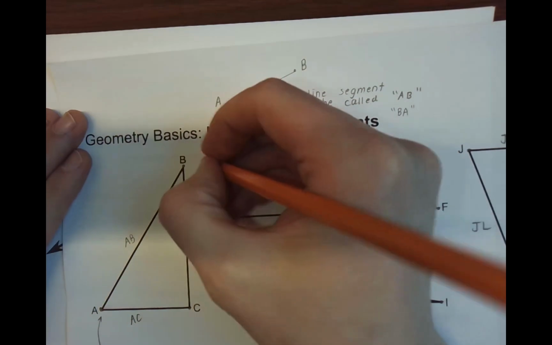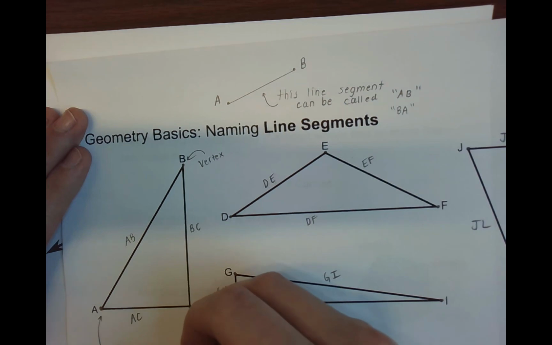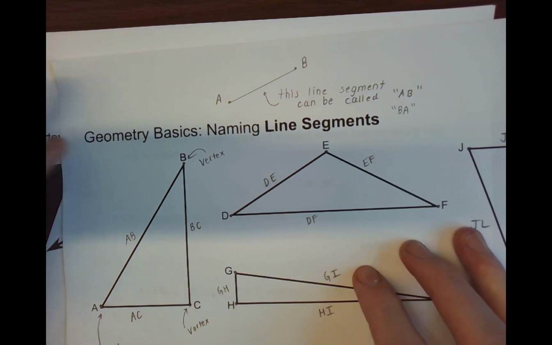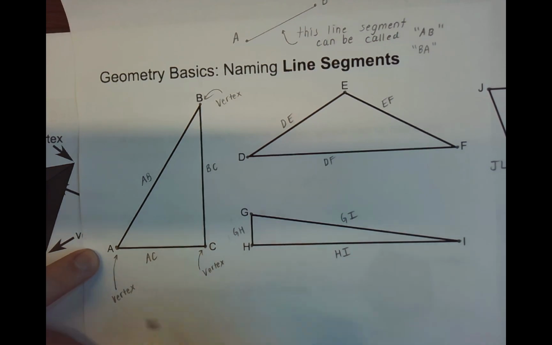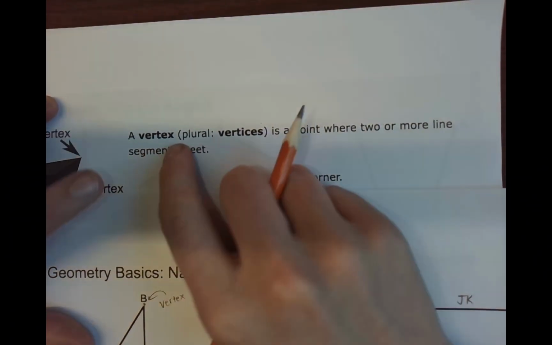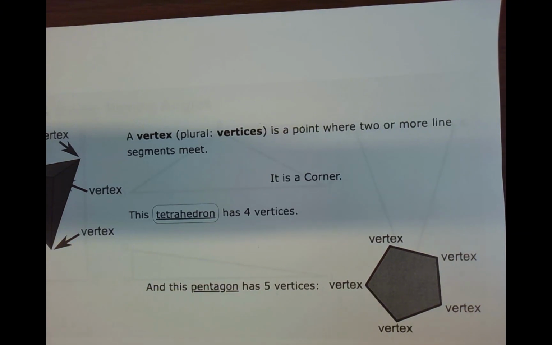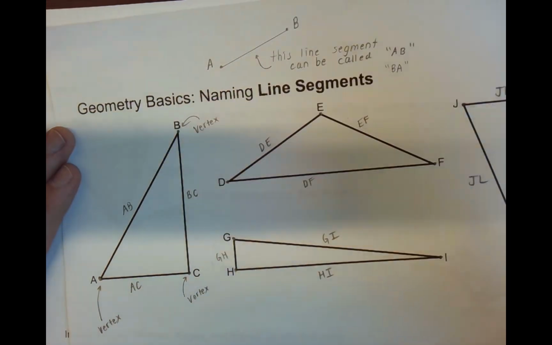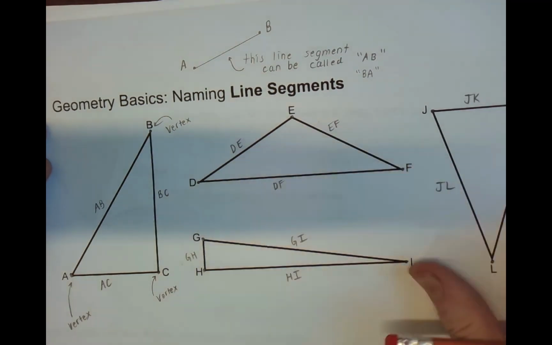So B is a vertex, C is a vertex. Each individual one is a vertex, but plural, vertices. So it's just plural versus singular. At the end of the day, these vertices are just corners. You can think about each of these corners as vertices. D is a vertex, E is a vertex, F is a vertex, and so on and so forth.